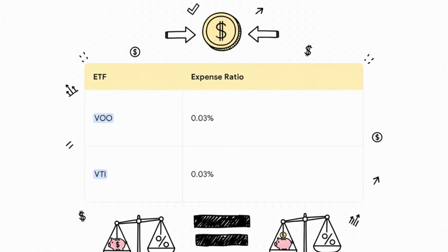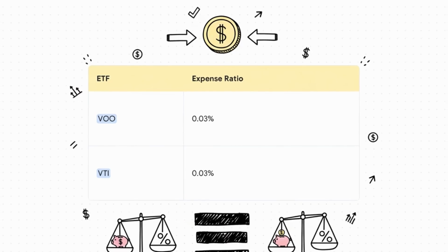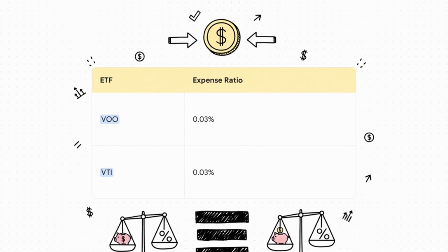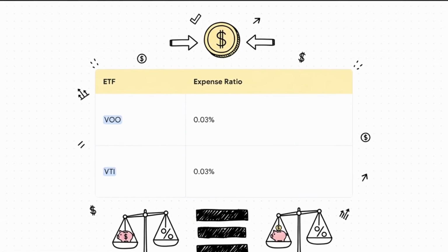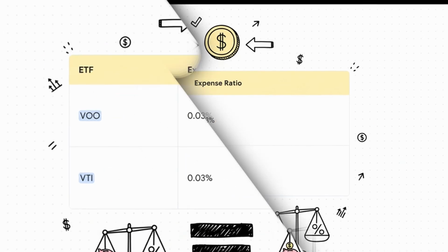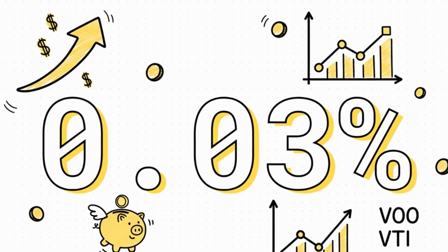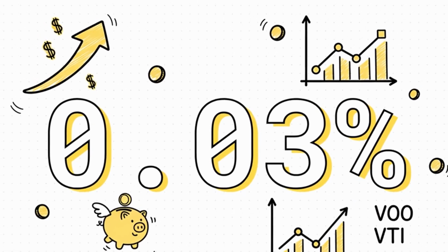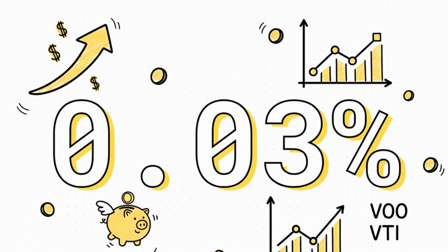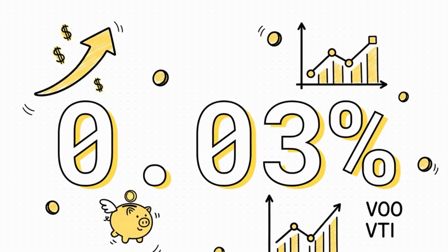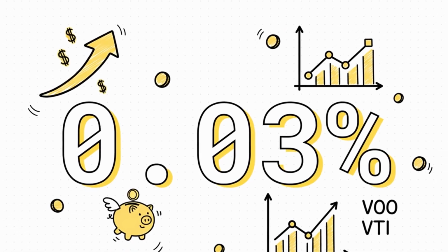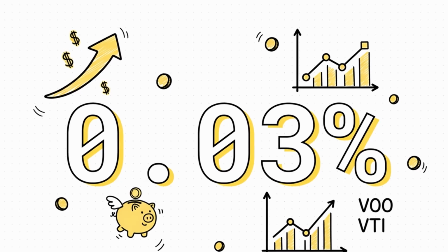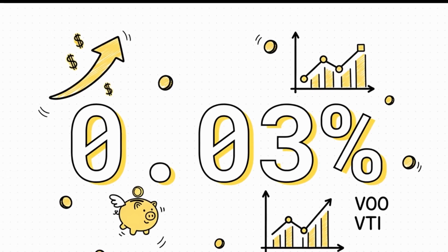Both have an incredibly low expense ratio of just 0.03%. And this is awesome because it means fees are not going to be the reason you pick one over the other. Just to hammer that home, 0.03%. That means for every $10,000 you have invested, you're paying a measly $3 a year in fees. I mean, come on, that's insanely cheap. It's a huge win for any long-term investor.